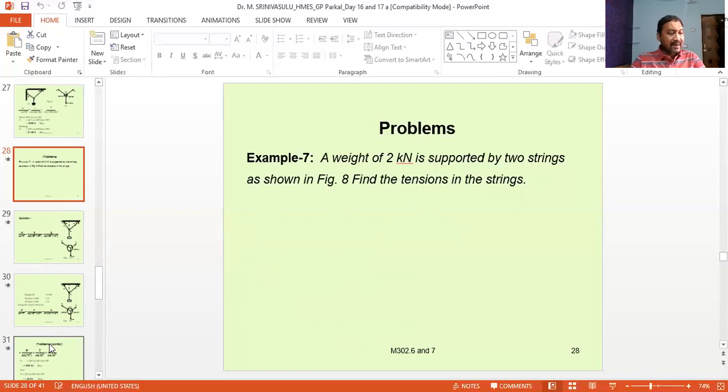Now take down this problem. A weight of 2 kilonewtons is supported by two strings as shown in the figure. Find the tensions in the strings.